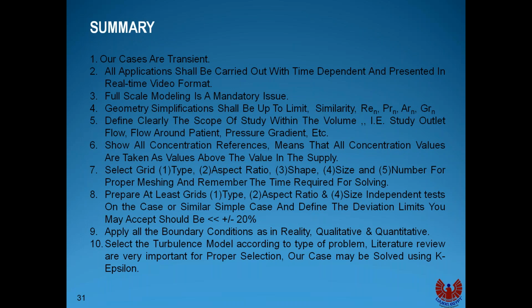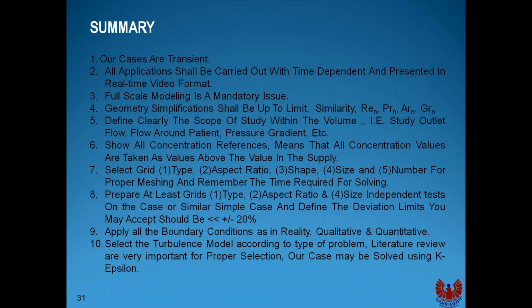So you can continue. And also take care of the aspect ratio of the grid. The aspect ratio has a limit according to the characteristic length of the enclosure that you study.